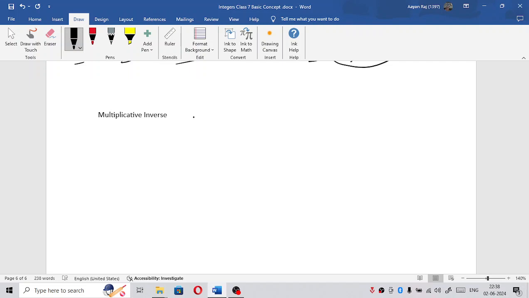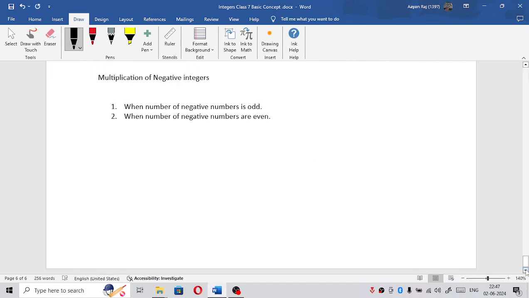Another property which I would cover is multiplicative inverse. When there is an integer a, the multiplicative inverse of that integer would be 1 by a. Let's take an example. The multiplicative inverse of 6 would be 1 by 6. Okay.